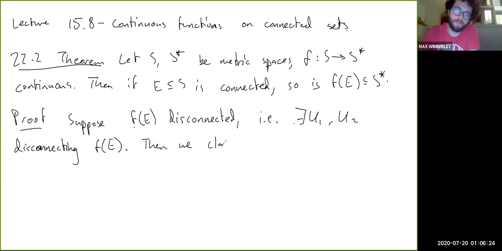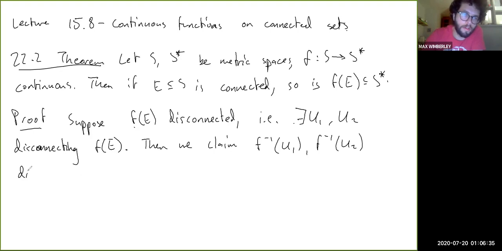So then we claim, this is very simple, that F inverse of U1 and F inverse of U2 disconnect E, right? So that would contradict our assumption that E is connected, okay?